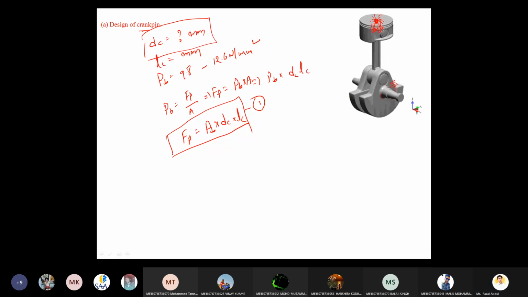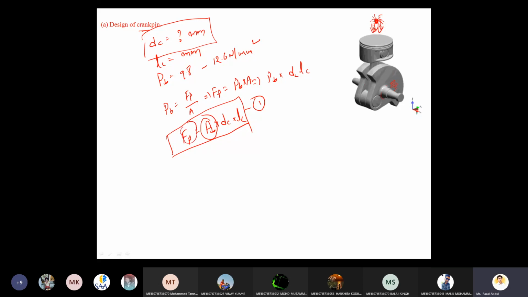Here bearing pressure is given. Force is acting on the piston. How much? Fp equals pi by 4 into D square into Pb, the maximum gas pressure.